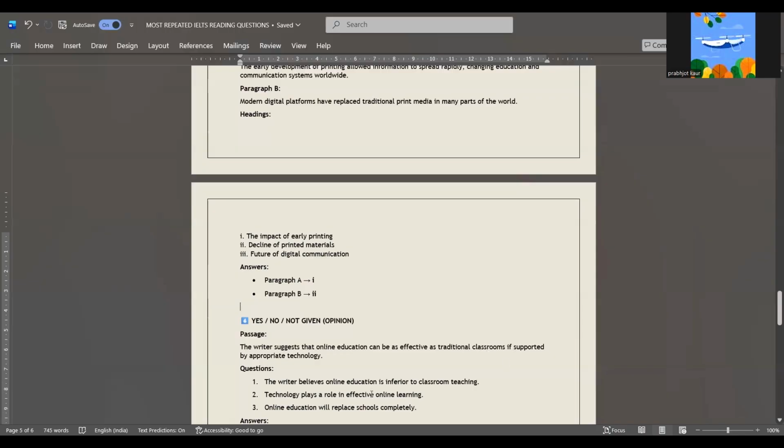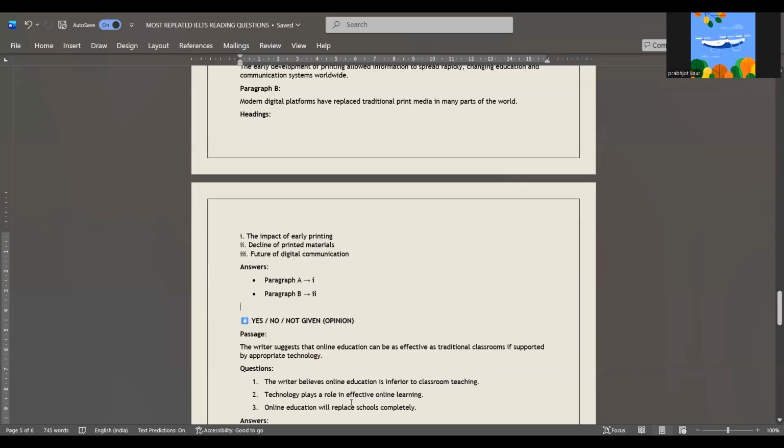Here, if right, online education can be, not 100% sure, as effective as a traditional classroom if supported by appropriate technology. So here is contradicting information. So the answer should be no.